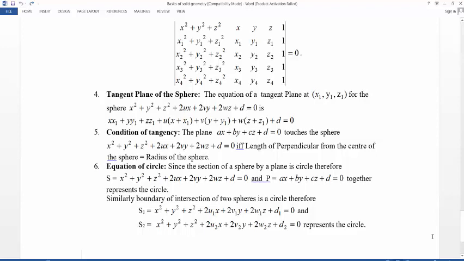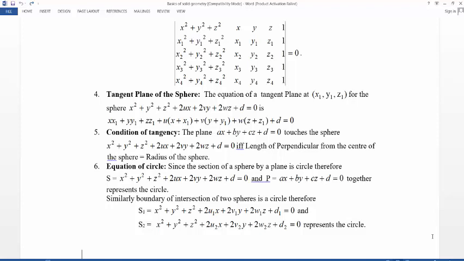Tangent plane of the sphere. Suppose the equation of the sphere is x square plus y square plus z square plus 2ux plus 2vy plus 2wz plus d equal to 0, and P is a point that lies on the sphere.